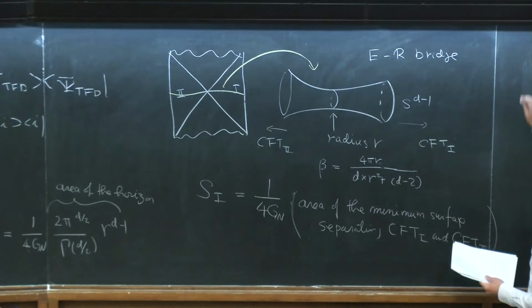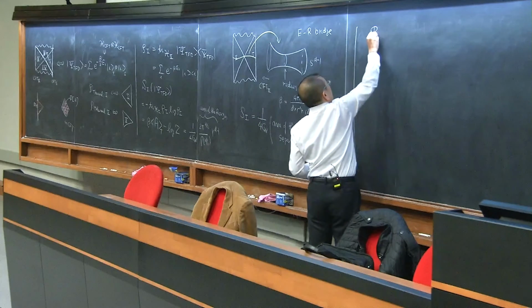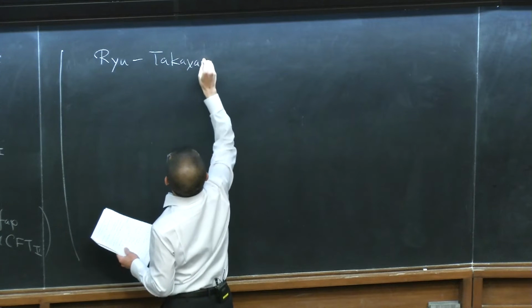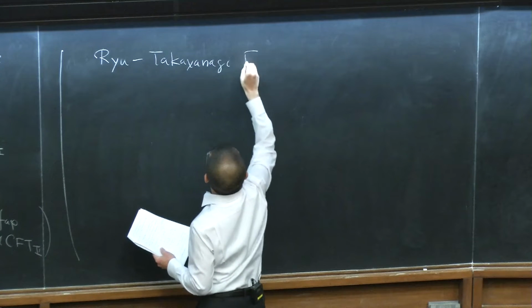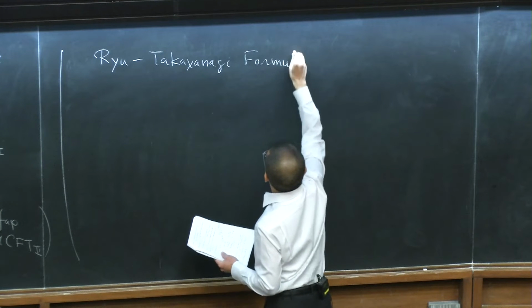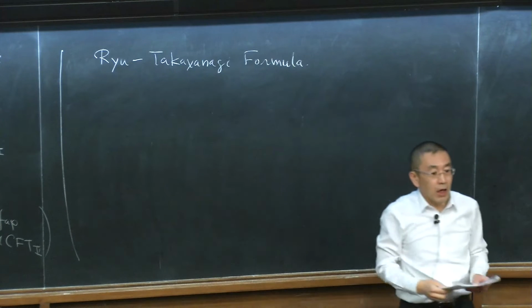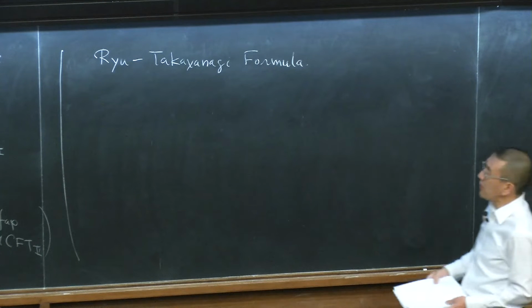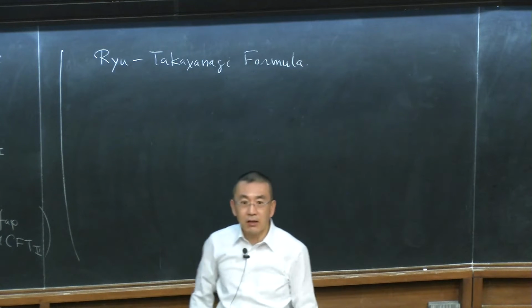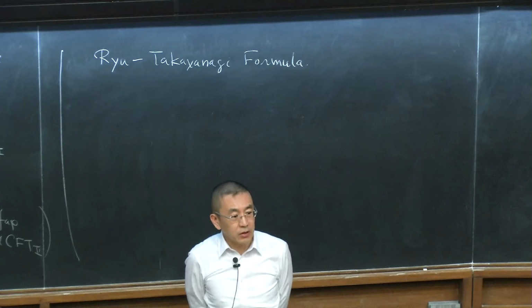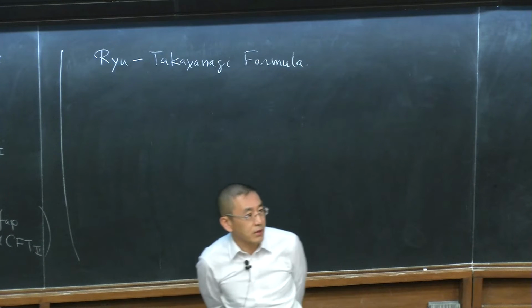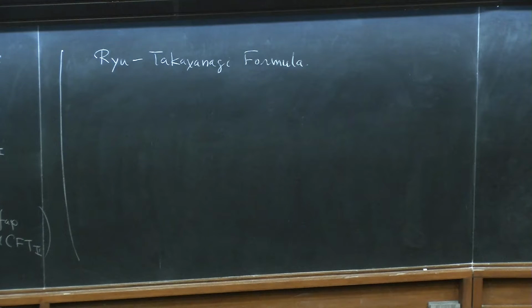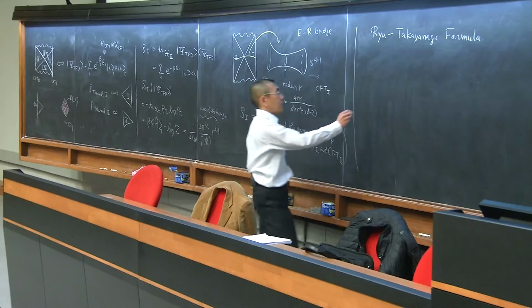This motivated Shinsei Ryu and Tadashi Takayanagi to propose a more general formula for the entanglement of a given state. Let me first remind you of the general causal wedge reconstruction, or AdS-Rindler reconstruction, that I already reminded you of over here, but let me state it in the following way.